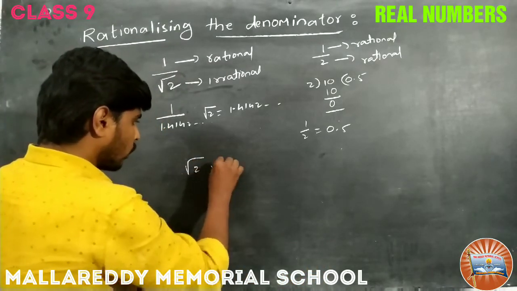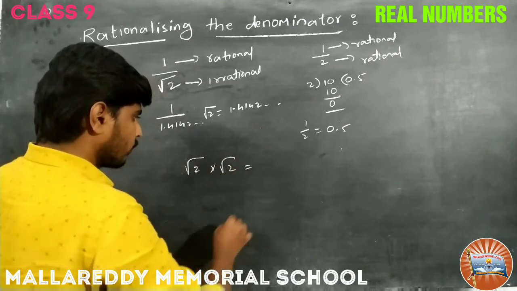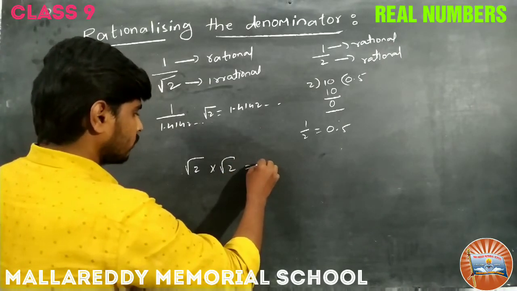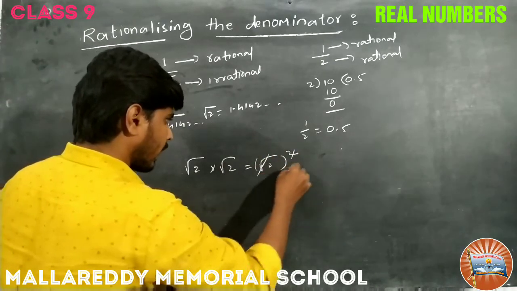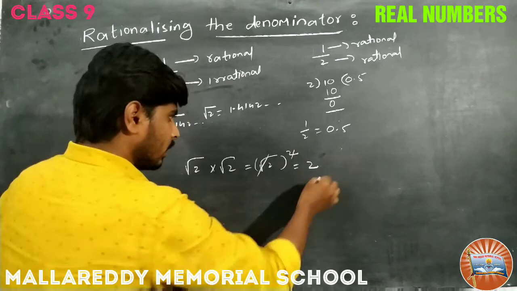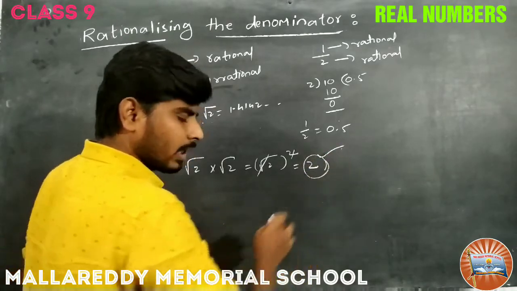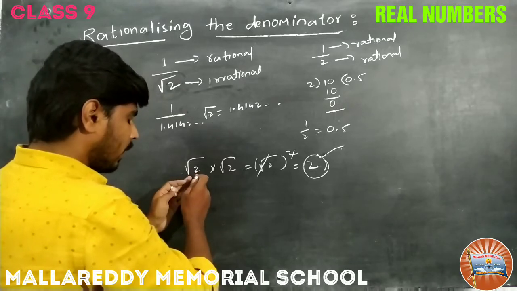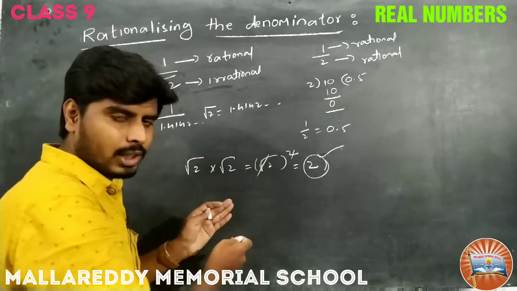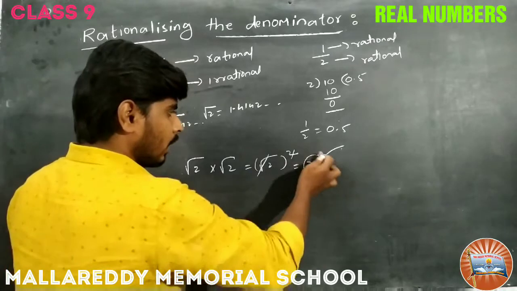If I multiply with root 2, it becomes root 2 whole square. The square root cancels, 2 is the answer. This 2 is a rational number, isn't it?